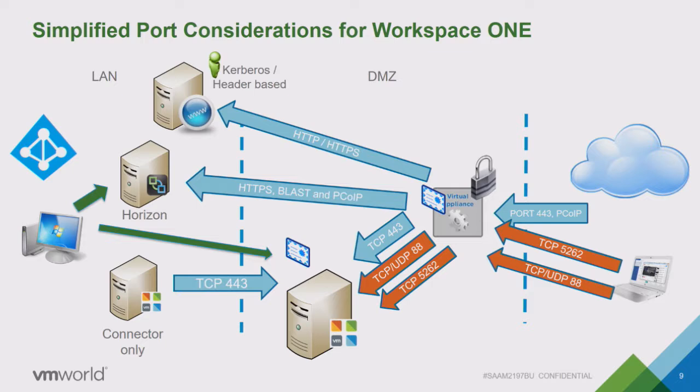From there, we will then be redirected to the Identity Manager appliance. The Identity Manager appliance has connectivity established to an Identity Manager connector that's on the corporate network itself. That connectivity is outbound only, and inside of that outbound only connection, we establish a long-lived connection that's responsible for authenticating your end users.